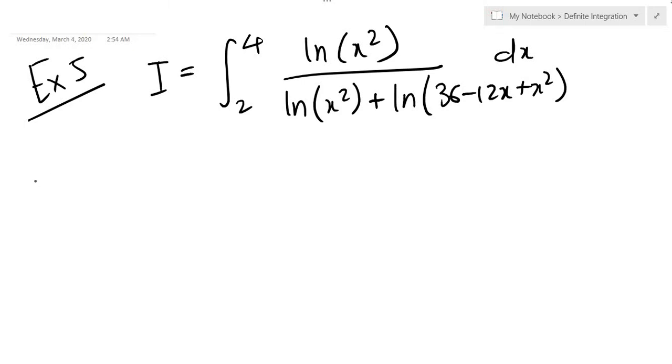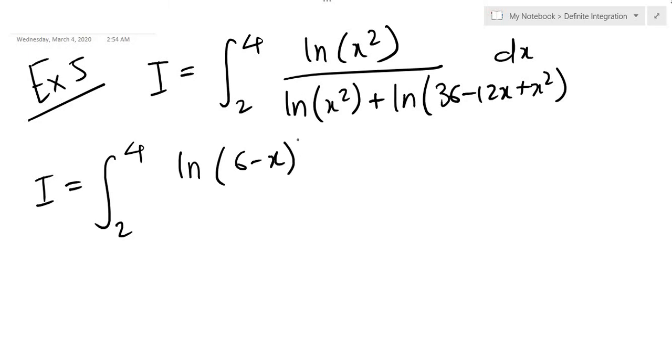Now what we can do, because this is a horrible integrand, is to use property number 3. Then instead of x we have 6 minus x, the whole thing squared, all over the natural log of 6 minus x, the whole thing squared.